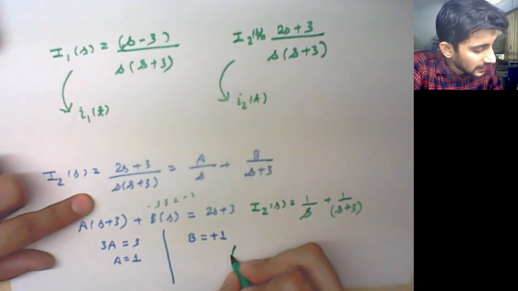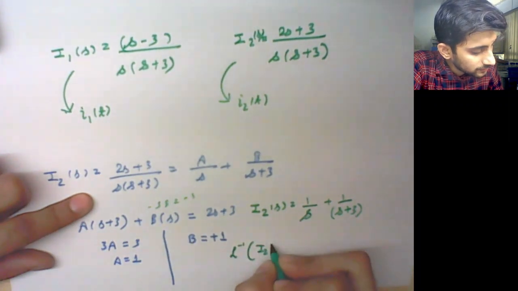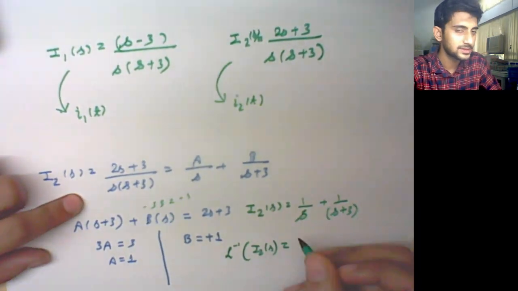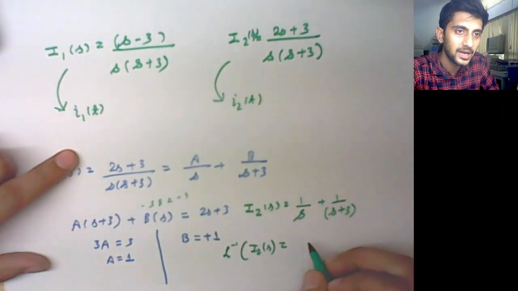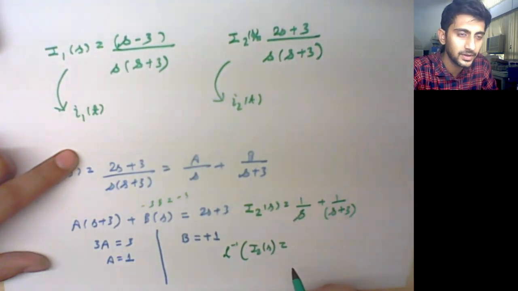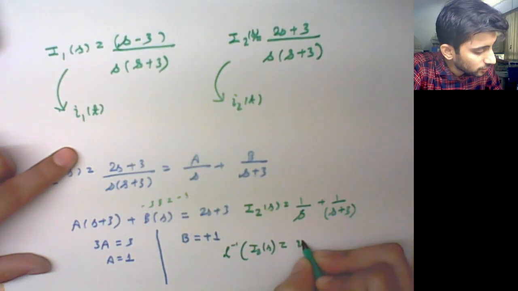You can just take the Laplace inverse of I2 of S. When you have 1/S, the Laplace transform of 1 is 1/S, so you get u(t).